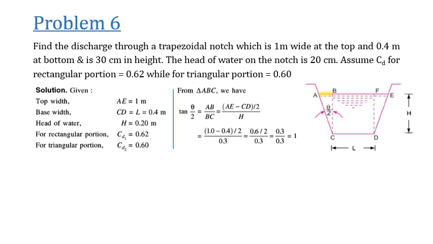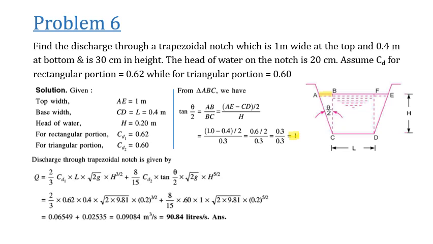So (1 minus 0.4) divided by 2 divided by 0.3. So this came out to be 1. It is not given in the statement, but the angle has to be 45 for this to be 1.